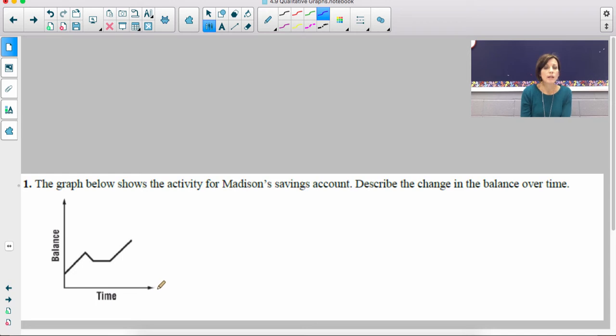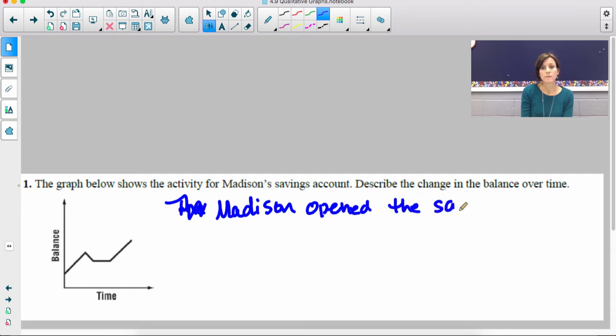The graph below shows the activity for Madison's savings account. Describe the change in the balance over time. So the balance in Madison's account started with some money, or Madison opened the savings account with money.